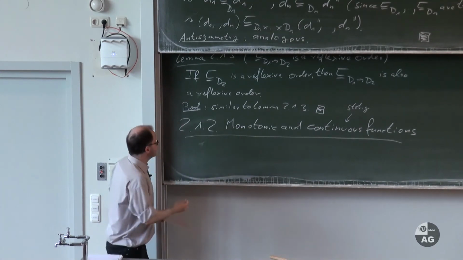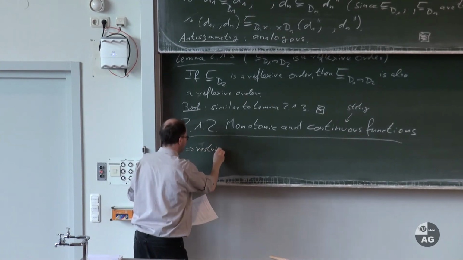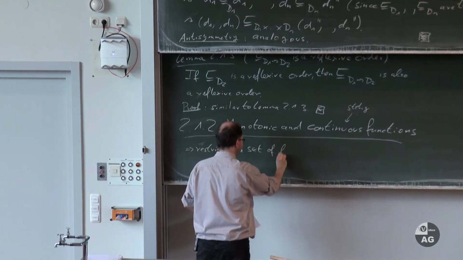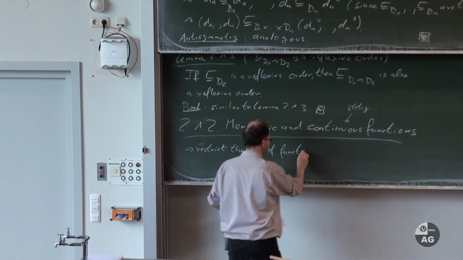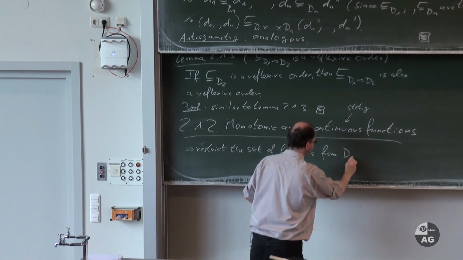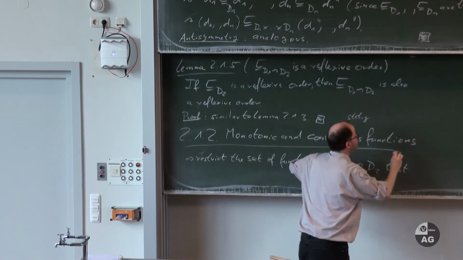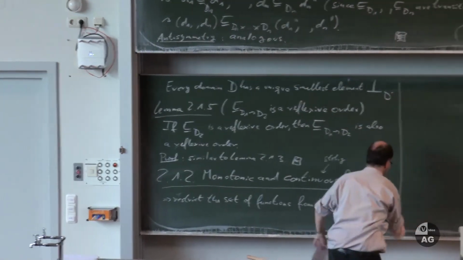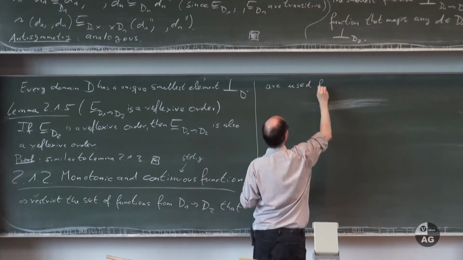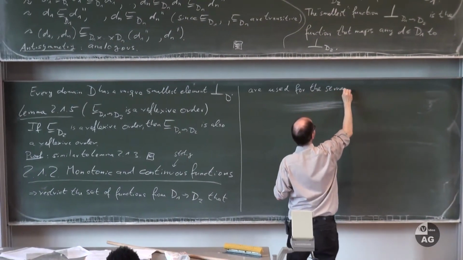Okay, so the idea is we want to restrict the set of functions from D1 to D2 that are used for the semantics of Haskell. So we don't need them all.